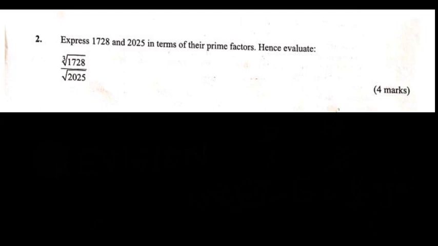So there are two things here. The first one is to express 1728 and 2025 in terms of their prime factors.